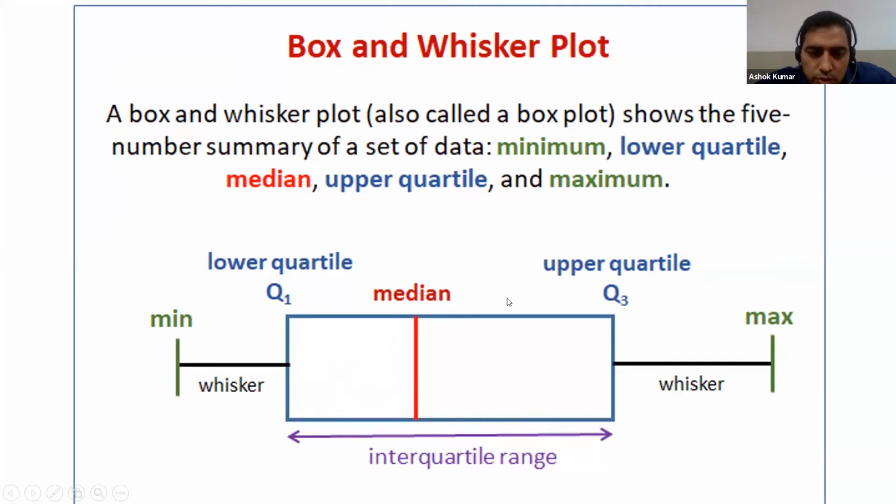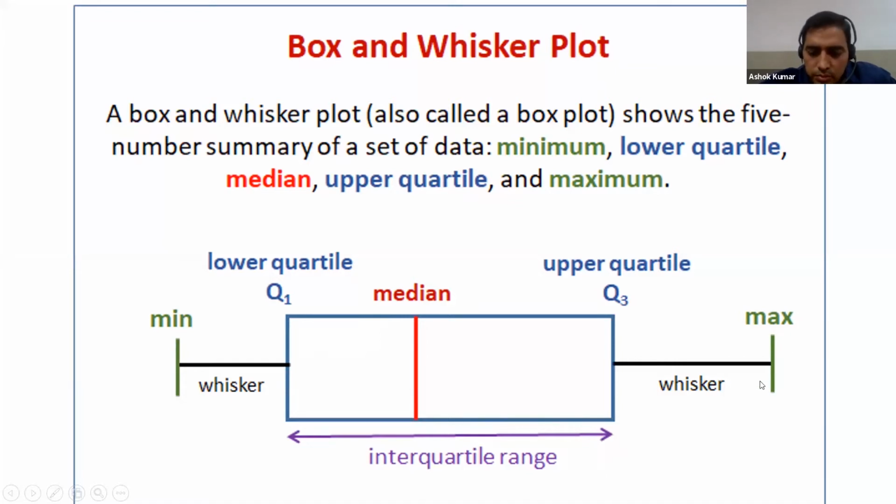So Q1 to Q3 is the interquartile range. These are the whiskers, the black lines, and these are vertical green lines. These are not the minimum and maximum.